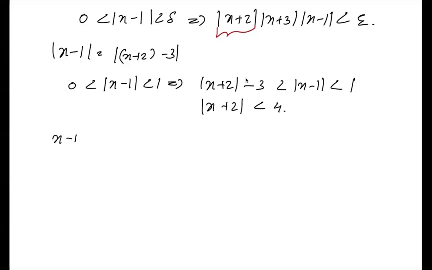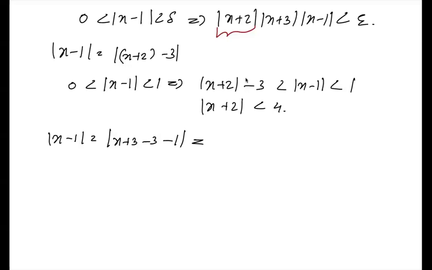And then we can also write x minus 1 equals x plus 3 minus 4. Then absolute value of x plus 3 minus 4 is less than the absolute value of x minus 1, because of the triangle inequality, we can easily write this one.